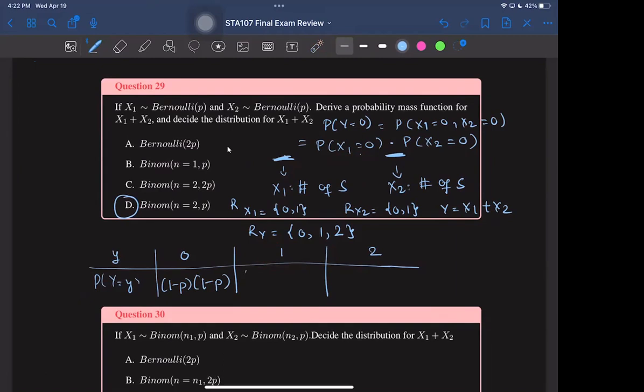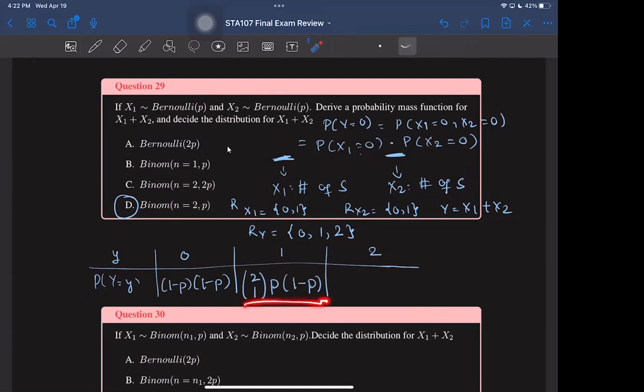So it would just be, out of 2 random variables, I choose 1 to take on value 1, and the remaining will take on value 0. And when it takes on value 1, the probability that a Bernoulli random variable takes value 1 is p, multiplied with the probability that a Bernoulli random variable takes on value 0.